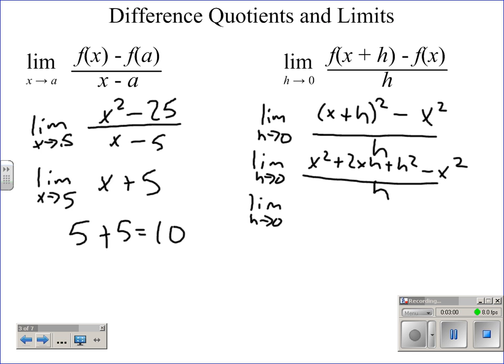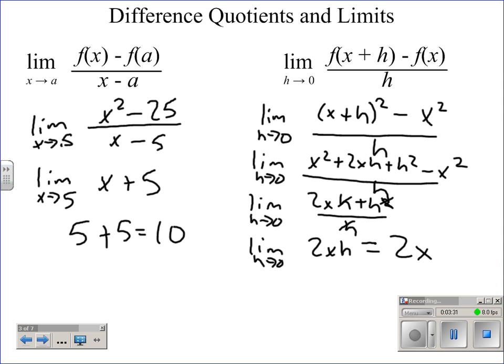After expansion and combining like terms, we see that each term on the top has an h in it and can cancel with the h on the bottom. Therefore, the derivative function is 2x.